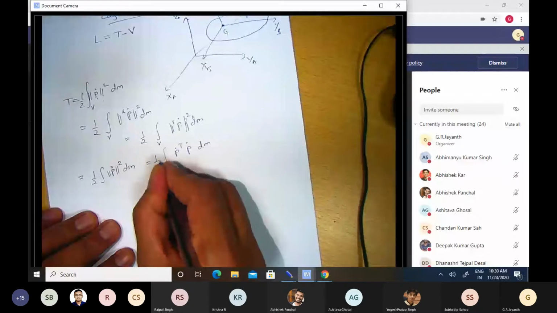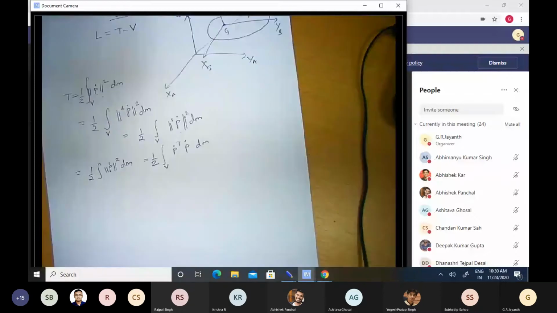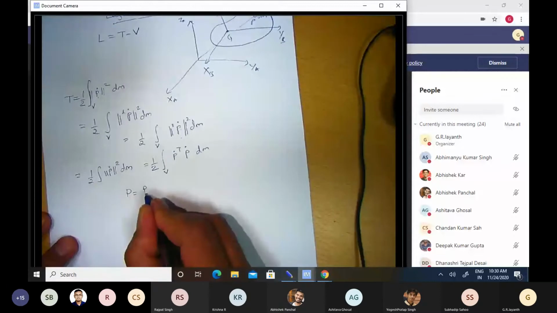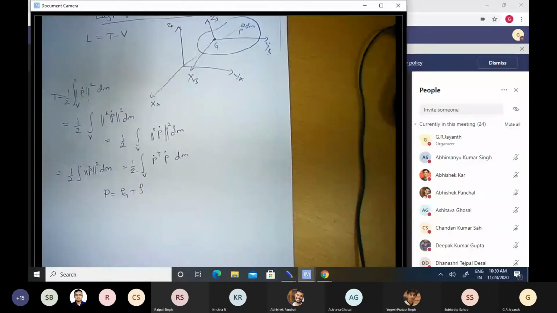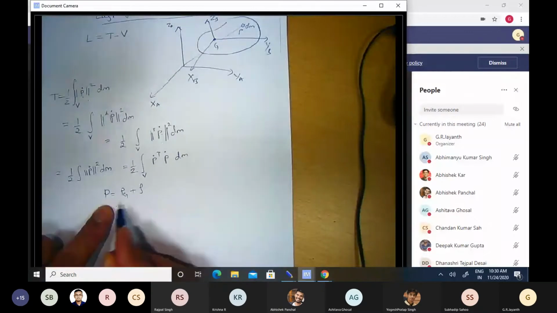Okay, now any general point P, we shall write it as the center of mass plus rho, exactly as we did in some of the previous analyses. We shall represent the velocity of that point P in terms of the velocity of the center of mass. So to do that, we start by representing the position of that point as PG plus rho.